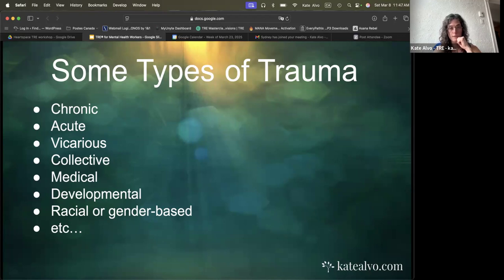Medical trauma can come from a medical procedure. It can be psychological, where maybe we go to the hospital and we're not treated well by the nurses and doctors, and people aren't really taking care of us. But it can also be physical trauma. If you have an operation, let's say you're under anesthetic and have no awareness of it and everybody treated you fine, your body still went through a trauma, right?